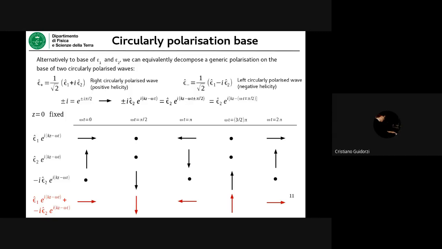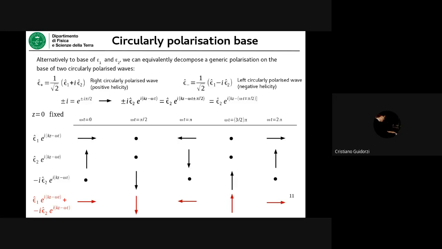So that indeed proves that when you have a component parallel to either epsilon plus or epsilon minus times the wave term, you have either a counterclockwise or a clockwise rotation, which is reproduced by respectively the right hand or the left hand.